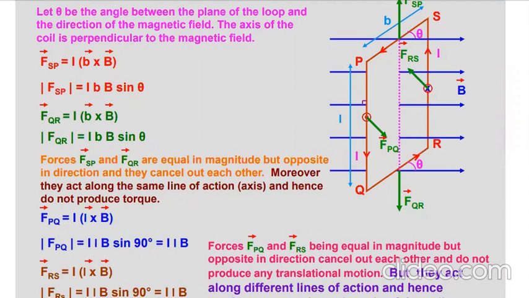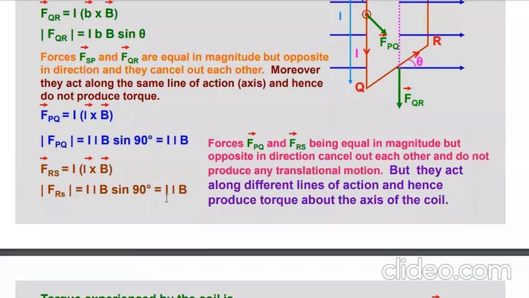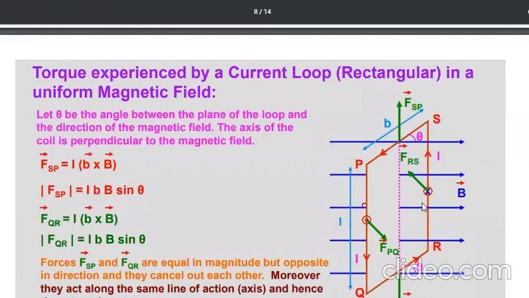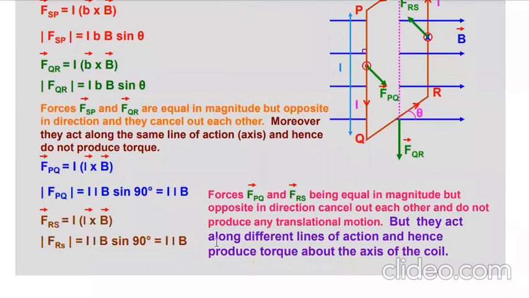The magnitude of the force experienced by the two longer arms is ILB, but their directions are opposite to one another. In this case, this force is directed into the plane of the figure, and in this case, this force is directed out of the plane of the figure.